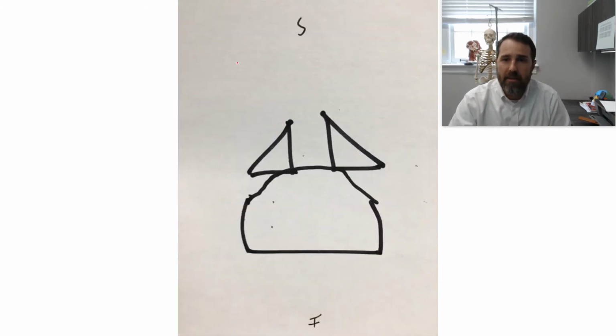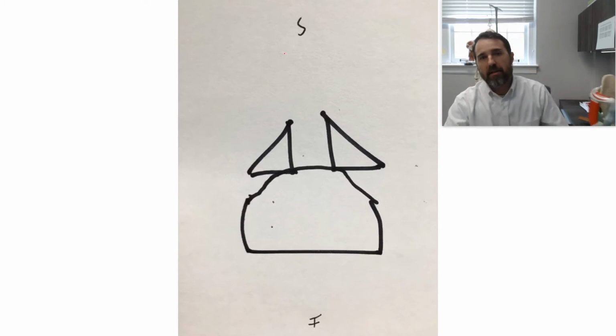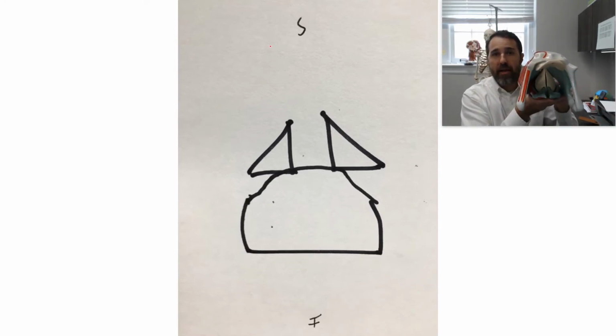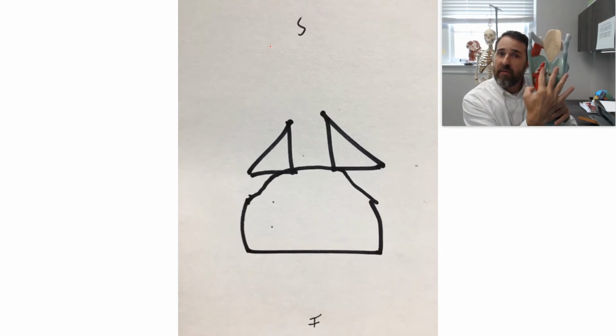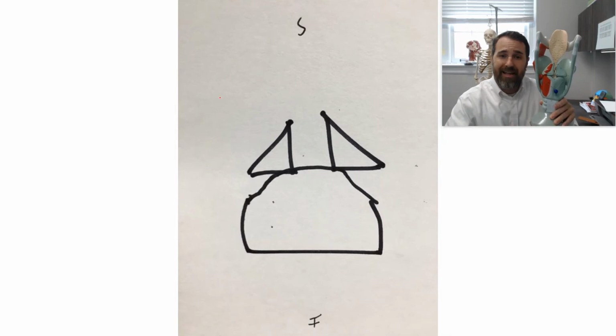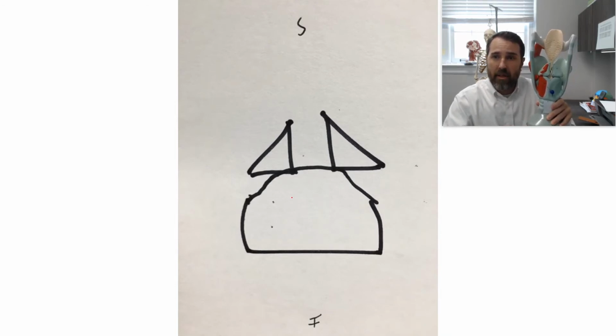All right, let's look at this image now. So we're changing perspectives. We've gone from looking at the larynx from this perspective to now we're looking at it from this perspective. So here is the back of the cricoid cartilage, and here you have the arytenoids sitting on top.